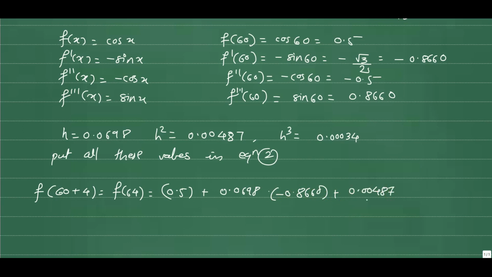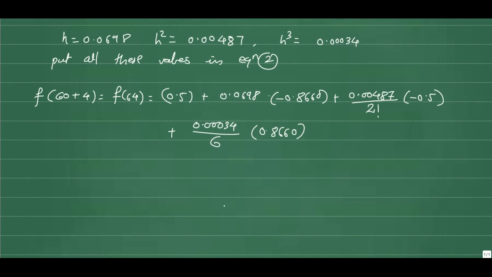h square by 2. So you can see here we are increasing the power of h, and we are also dividing by a bigger number. Now we are dividing by 2 factorial into f double dash 60, which is minus 0.5, plus h cube, and we are dividing here by 3 factorial, which is 6, into f triple dash 60, which is 0.8660.